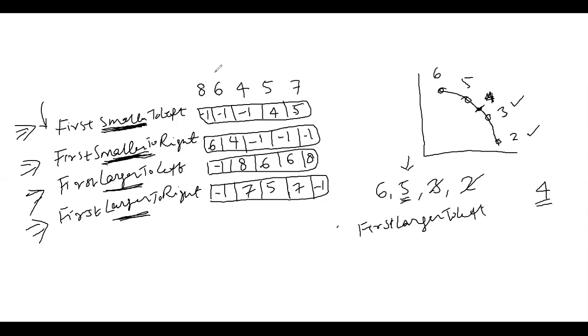So for 4, this value will be 5. Same thing, when 3 and 2 were getting kicked out, what can they claim? For 2, the first larger to the right is 4, because of whom he got kicked out, right?